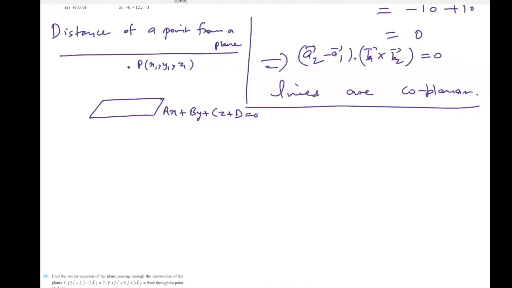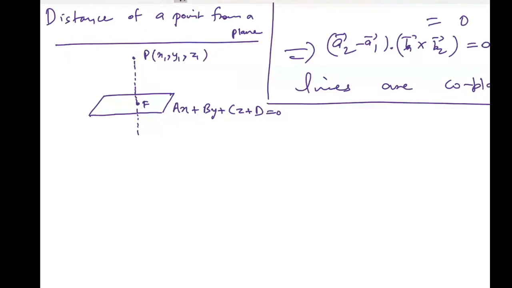We have to find this distance PF. So how to find the distance? There is a long way also, but there is a direct formula also. We have to learn the direct formula here.